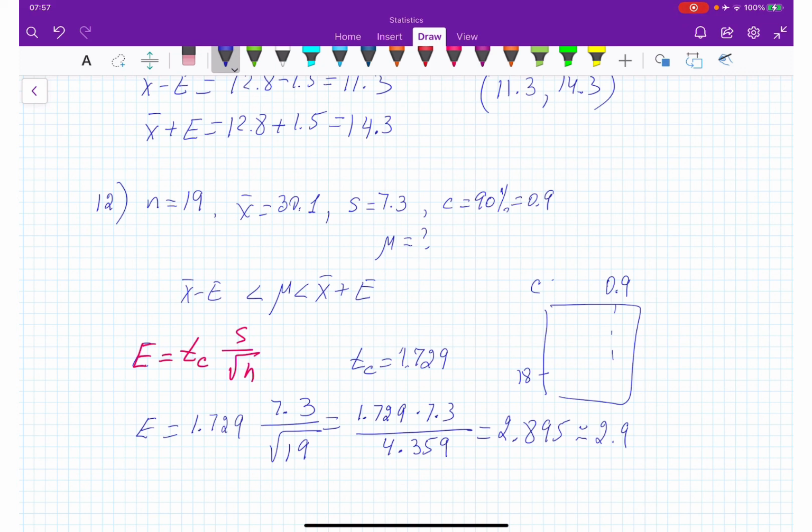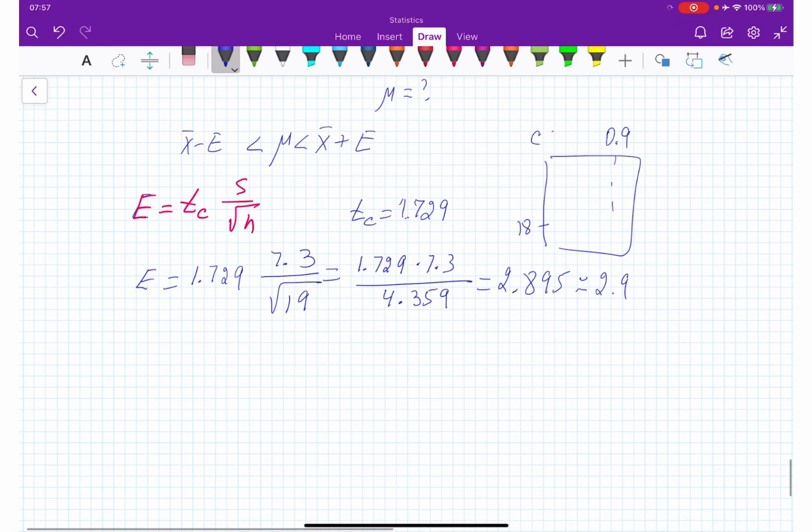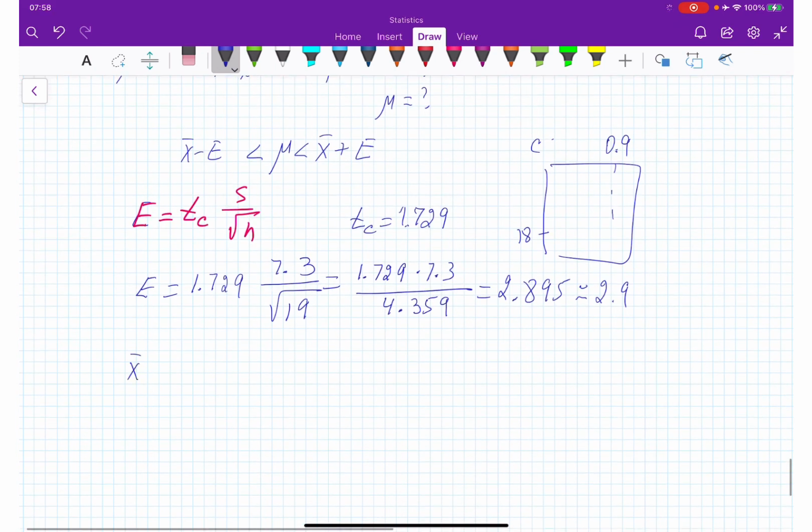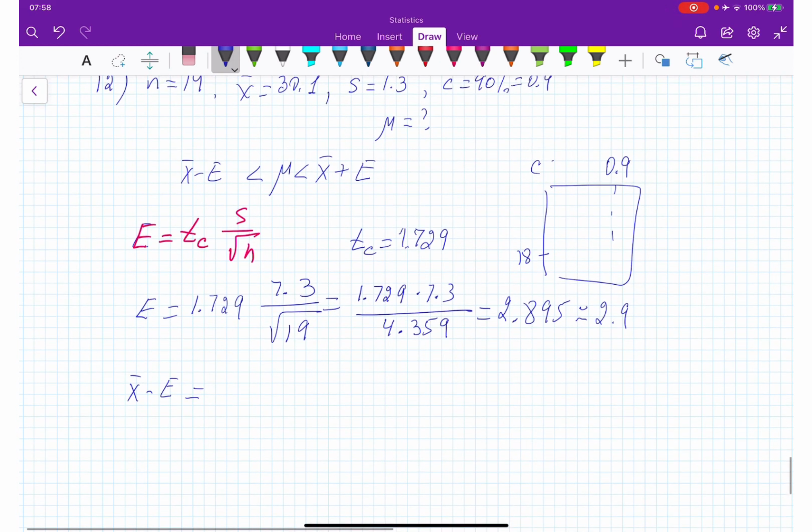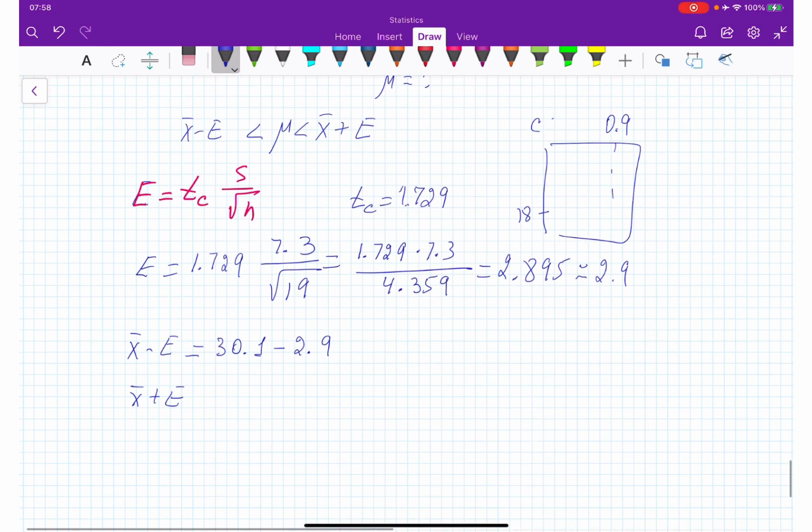Okay. So from here, 2.9. From x bar minus the margin of error, x bar is 30.1 minus 2.9, and x bar plus the error is 30.1 plus 2.9.